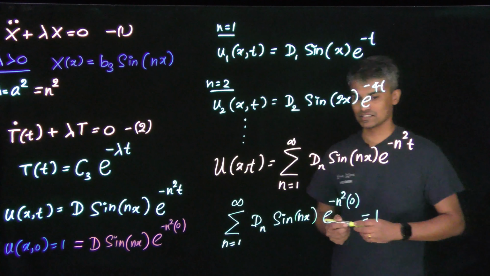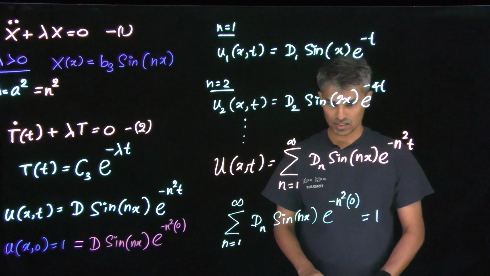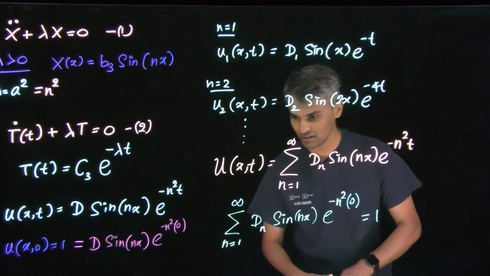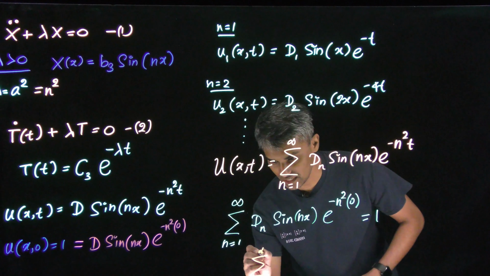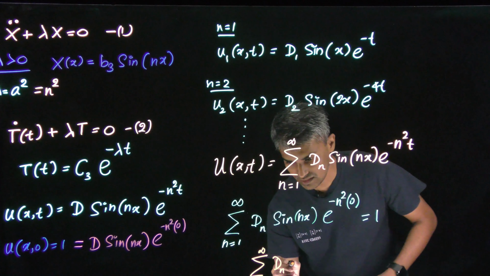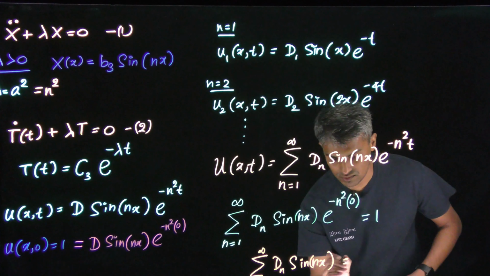That is the initial condition. So, basically we have summation n goes from 1 to infinity of dn times sine of nx equals 1.